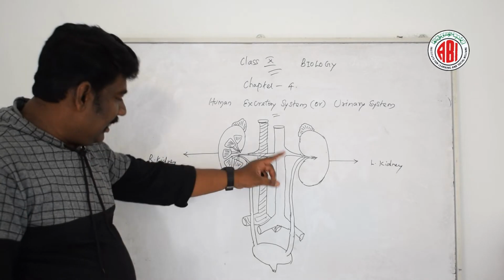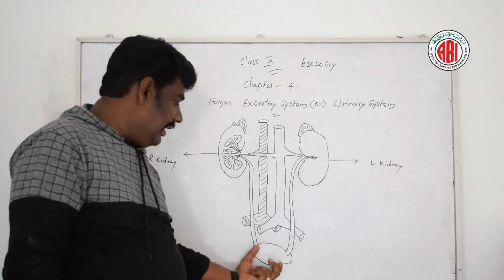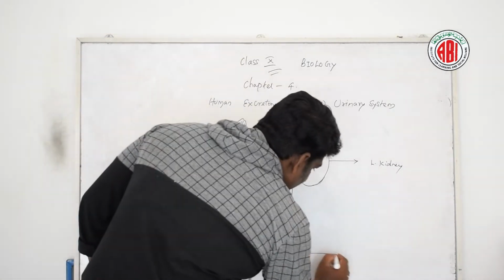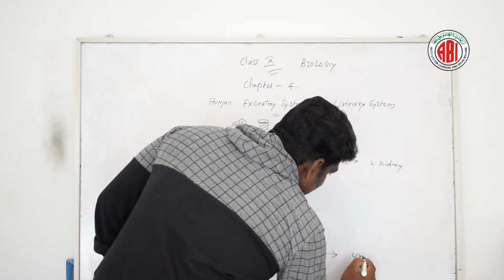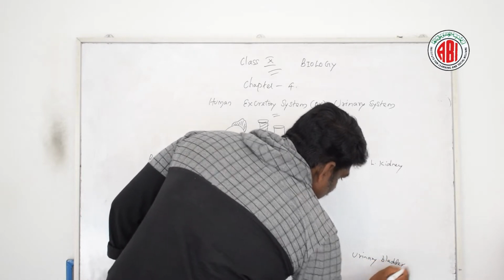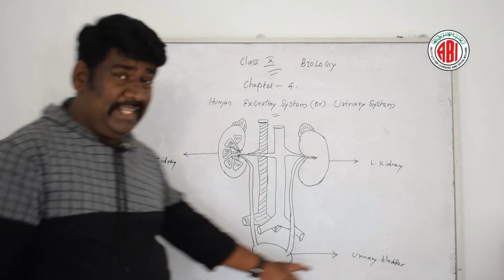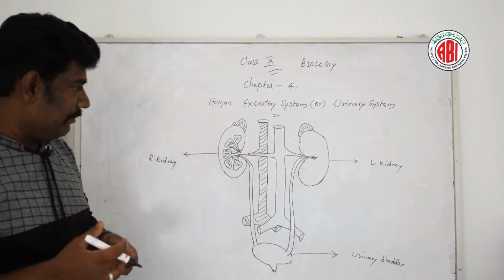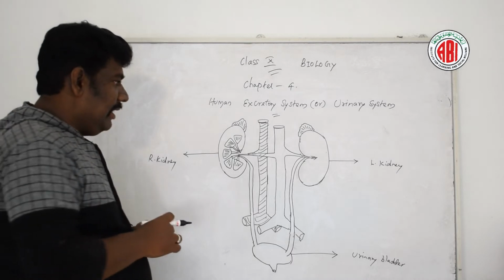Then, apart from the kidneys, we can see a sac-like structure. That is very easy to remember: urinary sac or urinary bladder. So three labelings are done.